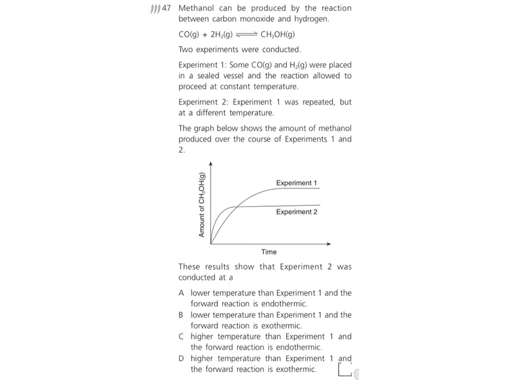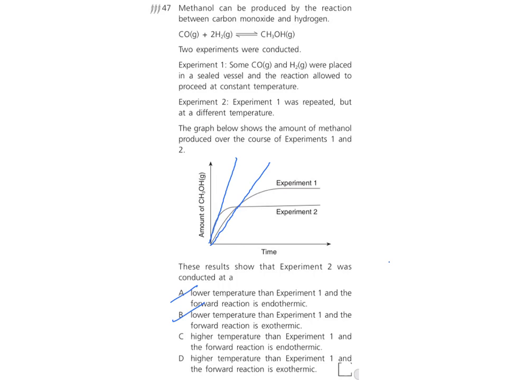In experiment 1, the reaction starts with a slope like this. In experiment 2, it starts with a slope like that. So experiment 2 began with a higher rate of reaction than experiment 1. So therefore experiment 2, with a higher rate, must have been done at the higher temperature. So experiment 2 was done at a higher temperature, not a lower temperature.